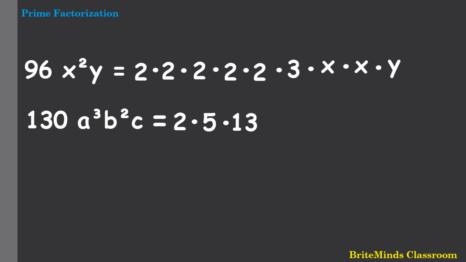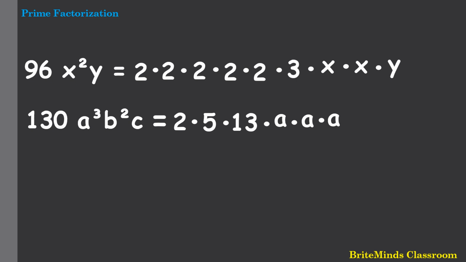So 10 times 13 is 130. And then for our variable a, since the exponent is 3, we're going to multiply the variable a 3 times. So times a times a times a.